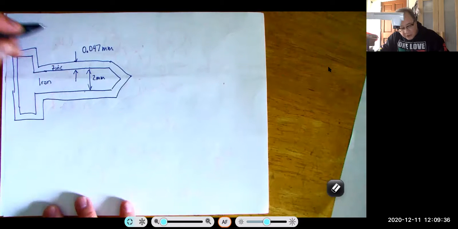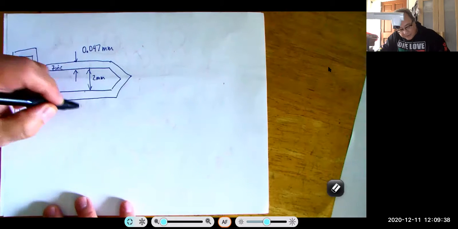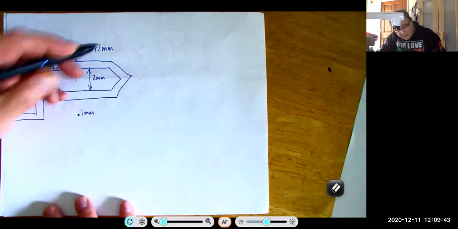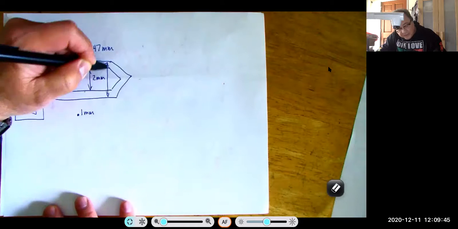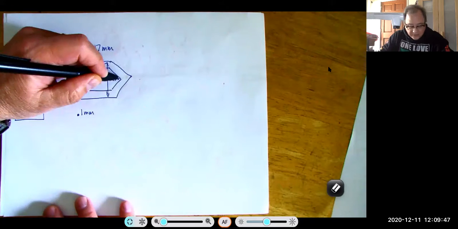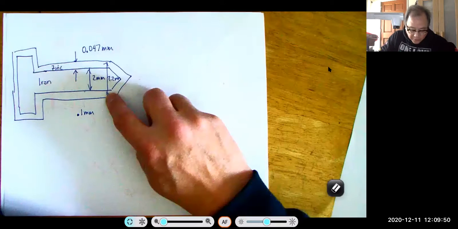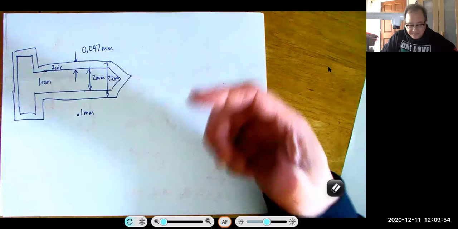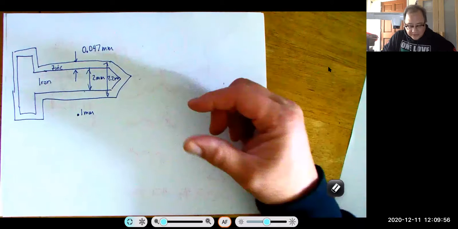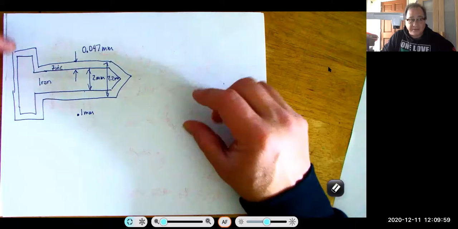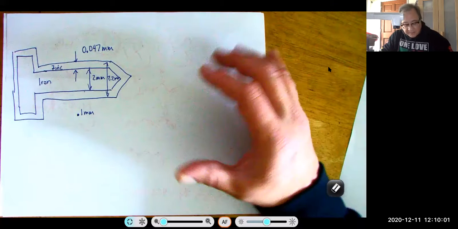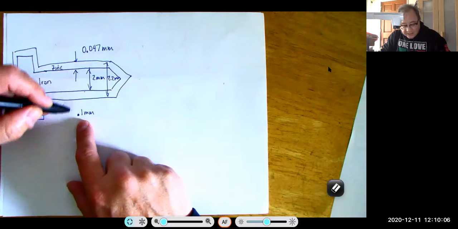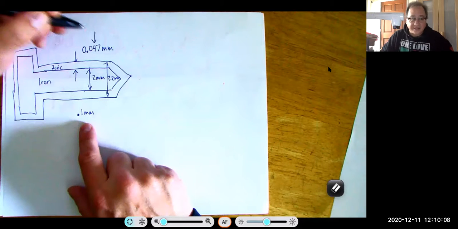I would have guessed that the coating was at most 0.1 millimeters thick, because that would mean this would be 2.2 millimeters, and seeing the difference between 2.2 and 2 millimeters would be pretty obvious. It's a 10% difference. But when you look at the two nails side by side, it doesn't look like a 10% difference. So 0.1 is the maximum I would have thought the thickness to be, and you got it to be half of that. So I think that's very appropriate.